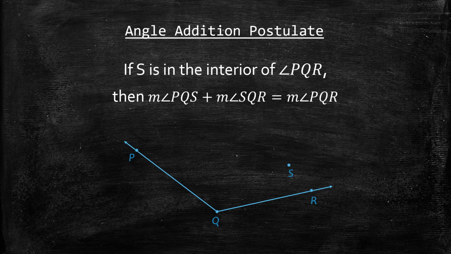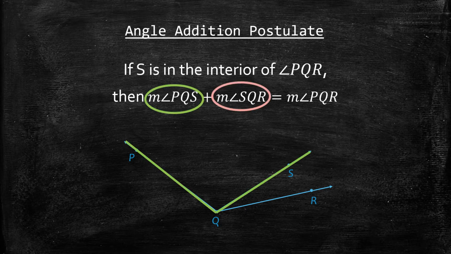S is on the interior, and we draw a ray from Q through S. We now have two new angles in addition to angle PQR. Those two angles are PQS and angle SQR. Those two angles, when added together, give us the whole large angle of PQR.